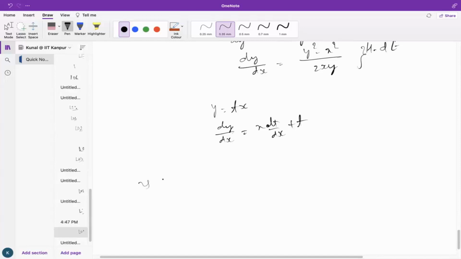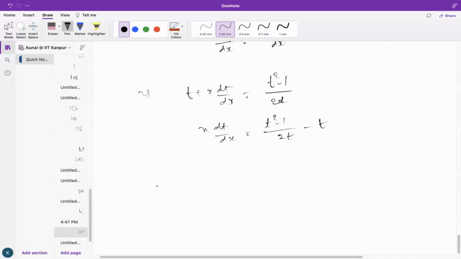So what we will get: t plus x dt by dx is equal to t square minus 1 by 2t. So x dt by dx is equal to t square minus 1 by 2t minus t. So x dt by dx is equal to t square minus 1 minus 2t square by 2t.